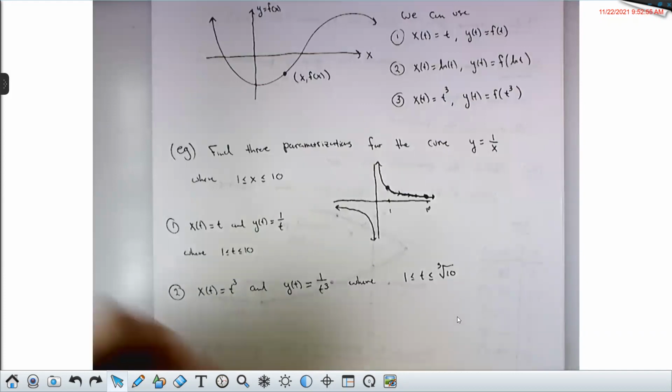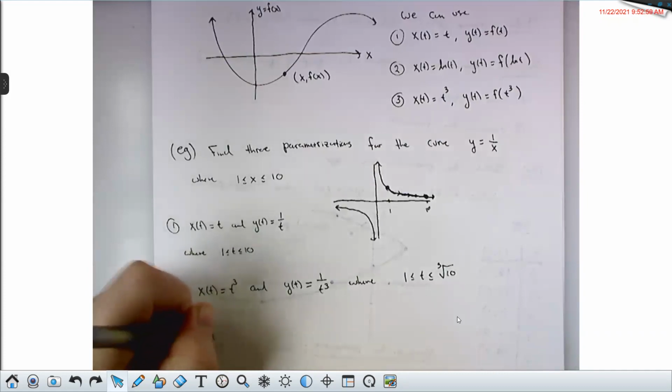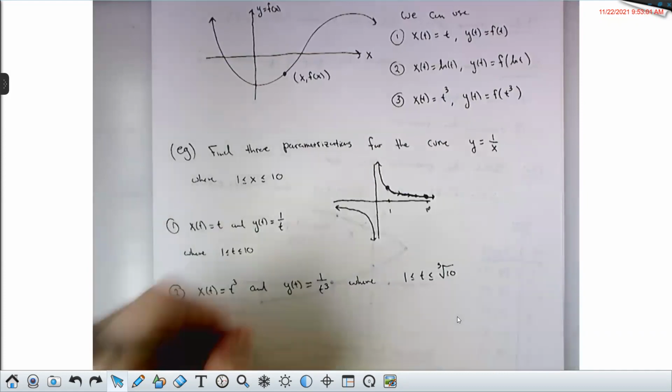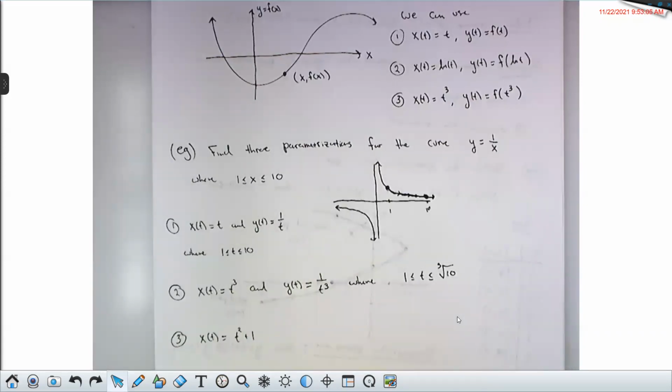Okay, just to give you a few ideas, other things we could do. I could use for my x function t squared plus 1. Now, t squared plus 1 is not one to one and onto. It's not monotone. So I do need to be a little bit careful to make sure I'm not retracing any portion of this curve more than I want. But I can do that as long as I pick my t values carefully.